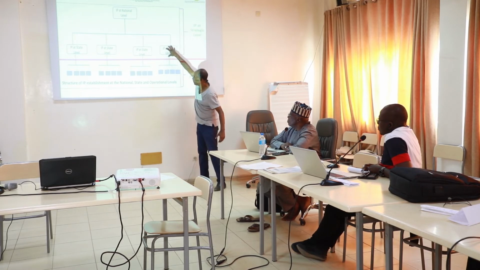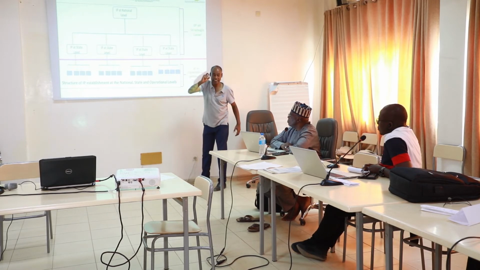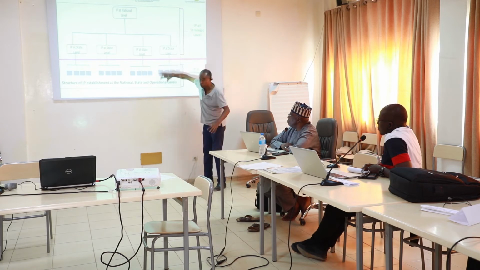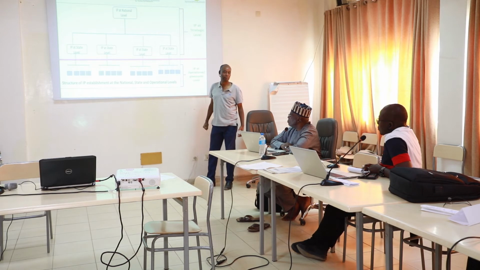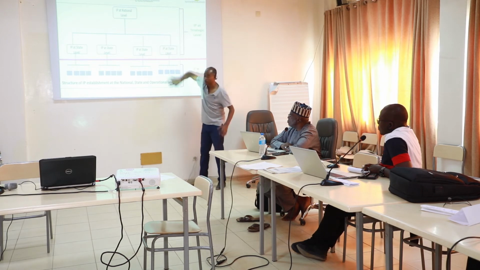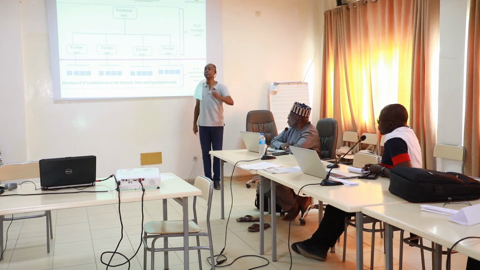And at the implementation side also, all stakeholders should work together. If you create this platform at 3 levels, all stakeholders together, believe me, the change we want to see will happen in a short period of time.